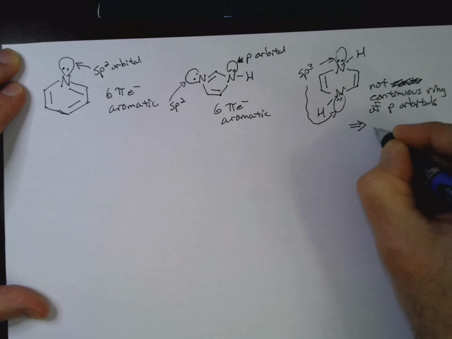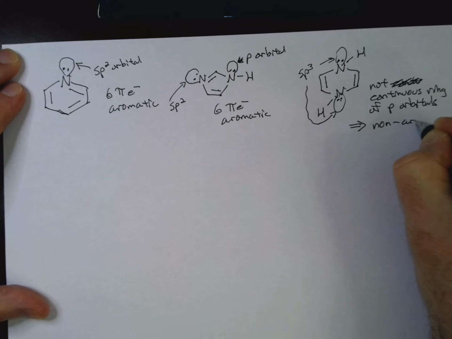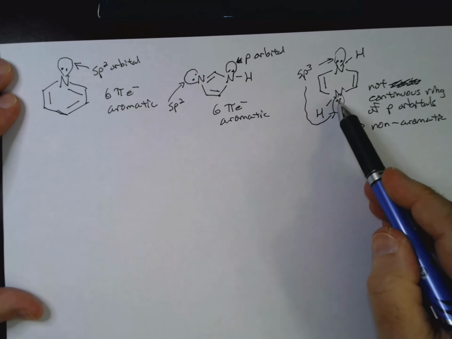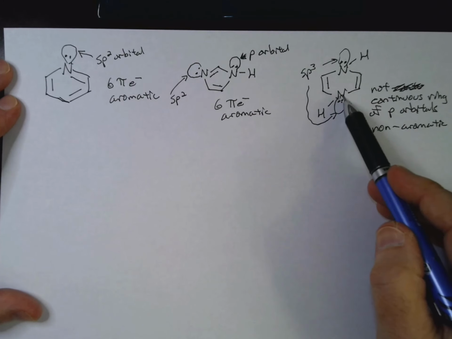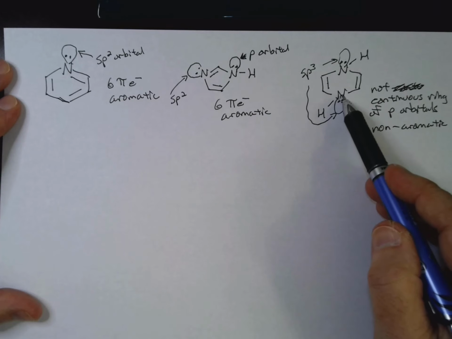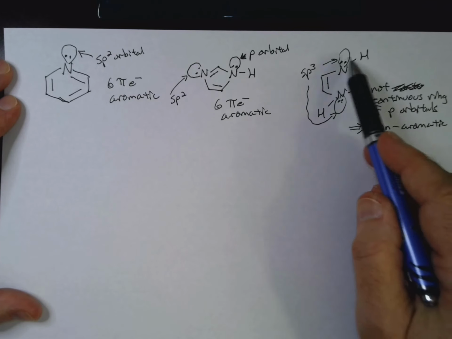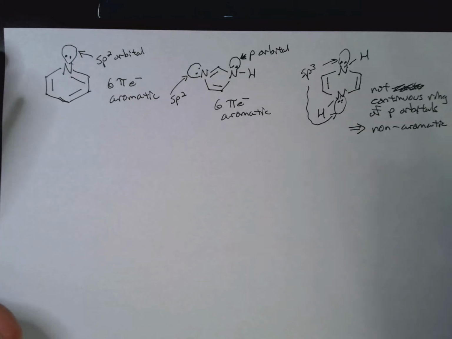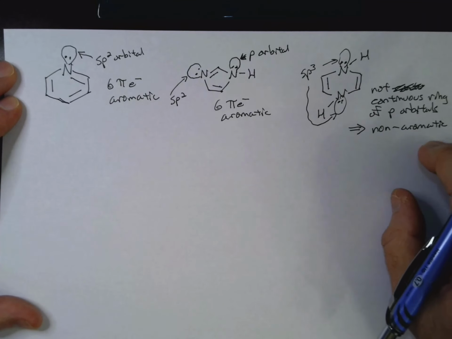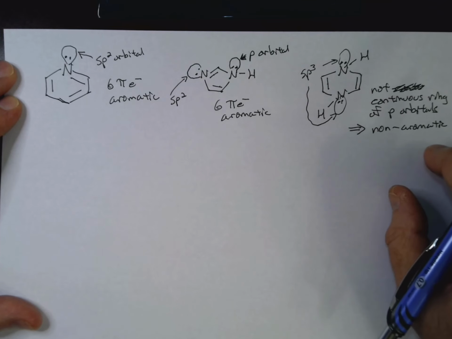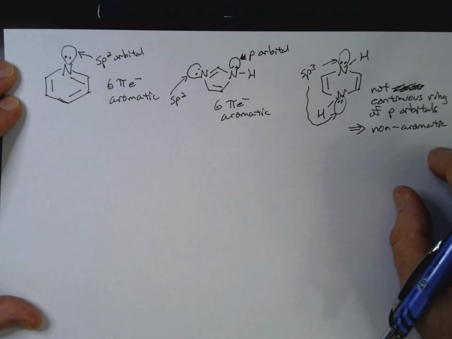So that's going to be non-aromatic. So we've disrupted things by keeping those electrons in sp3 orbitals. Otherwise, if they were forced to be in p orbitals, we'd have, again, 2, 4, 6, 8 pi electrons, which should be anti-aromatic. Again, non-aromatic is lower in energy. If something can be non-aromatic instead of anti-aromatic, it will be.